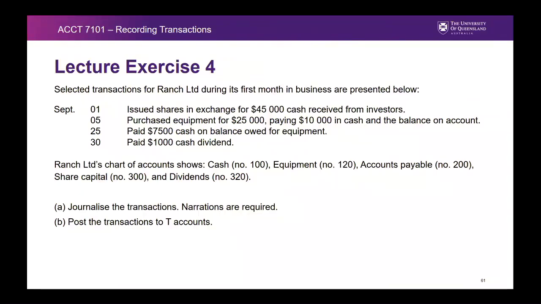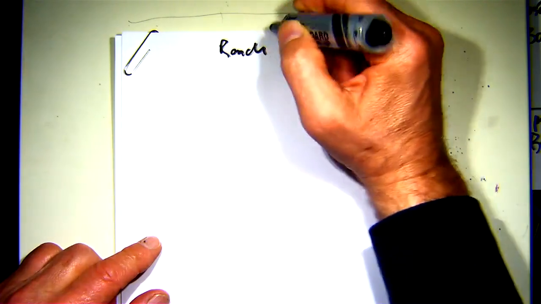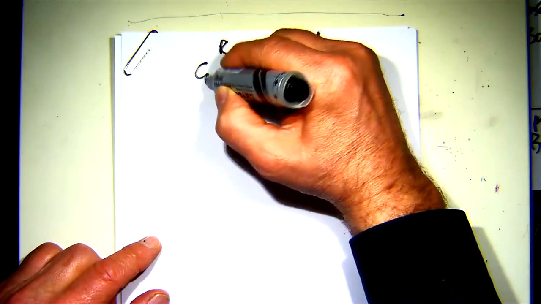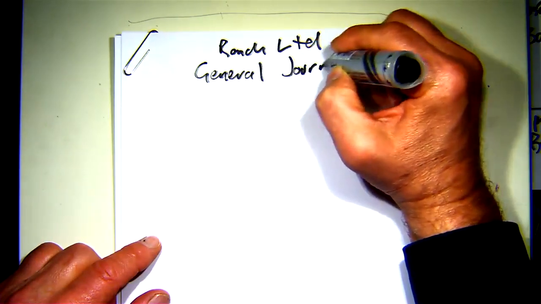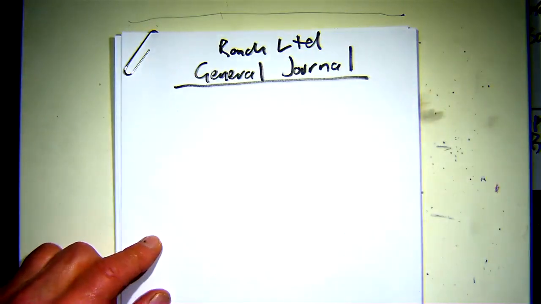Let's have a look at the answers for the journal entries, what they should be. If I'm doing this properly, I'll have the name of the business as Ranch Limited, and usually if I'm creating a journal, it's generally called a general journal, but it's not so important.